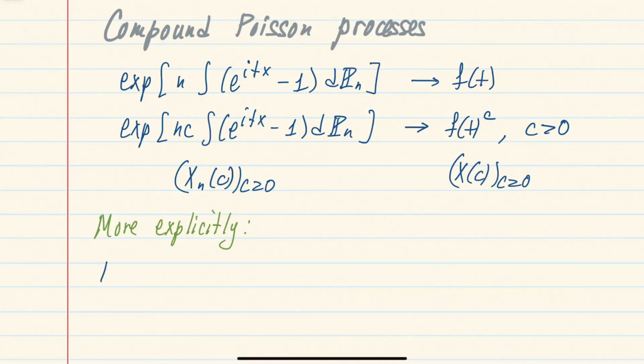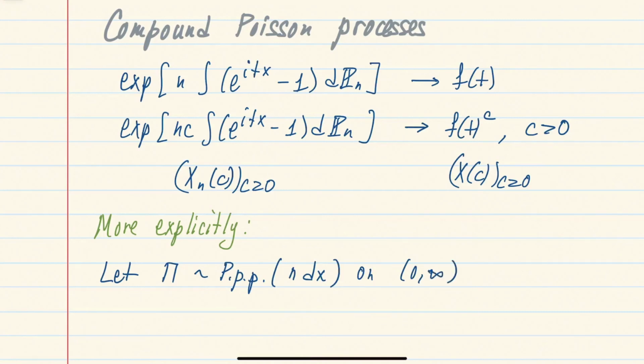We can first take a Poisson process pi, which is a Poisson point process, with the mean measure given by n dx on 0 to infinity. So the mean measure is just a Lebesgue measure scaled by n.